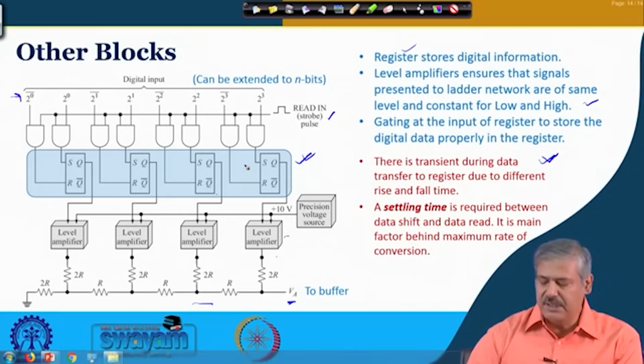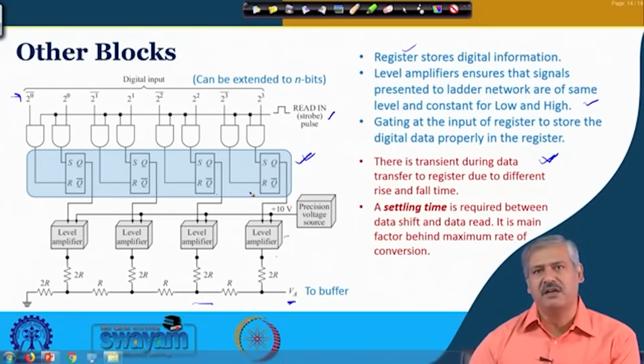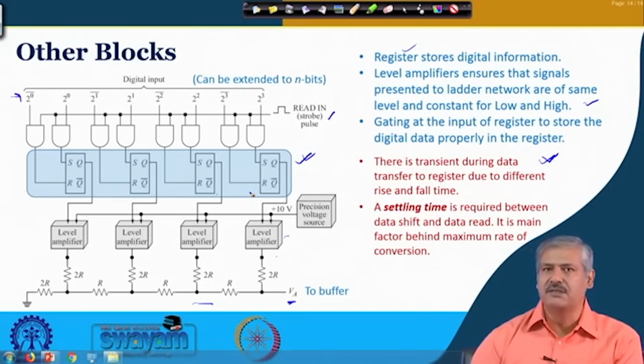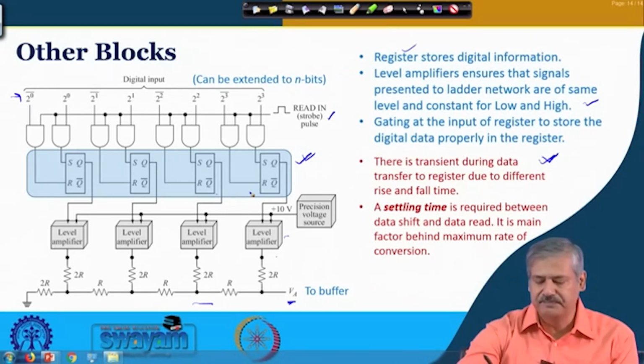So, this is the primary factor behind the maximum rate of conversion that is possible using a DAC. Is it clear? Because for these registers or flip flops that are inside, there is a finite rise time and finite fall time. So, these need to be considered in deciding the maximum rate of conversion of a DAC. Is it fine? Okay.